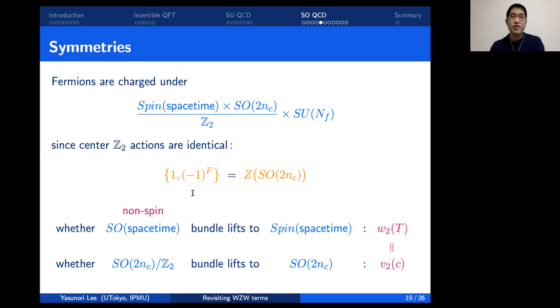Here, a manifold being non-spin is equivalent to the manifold having non-trivial W2. So if we take this V2 to be equal to this non-trivial W2, then one can put the theory on non-spin manifolds.